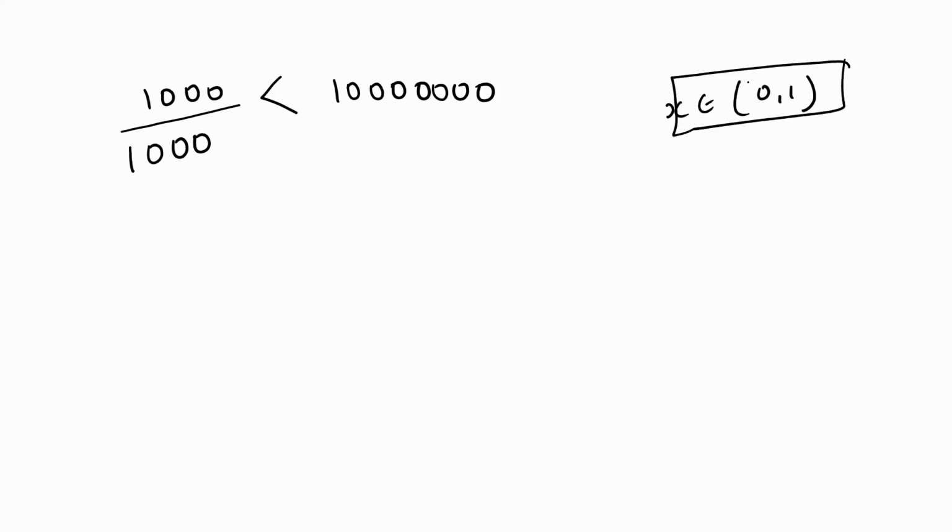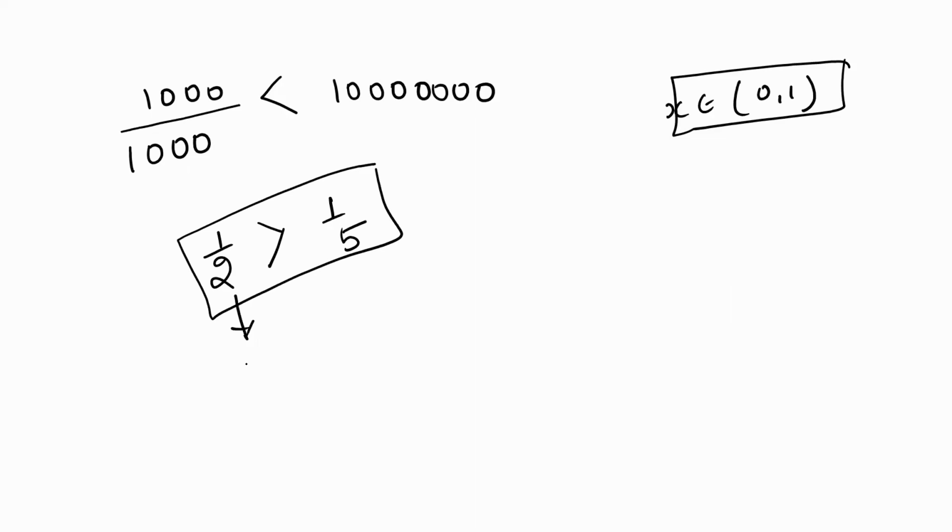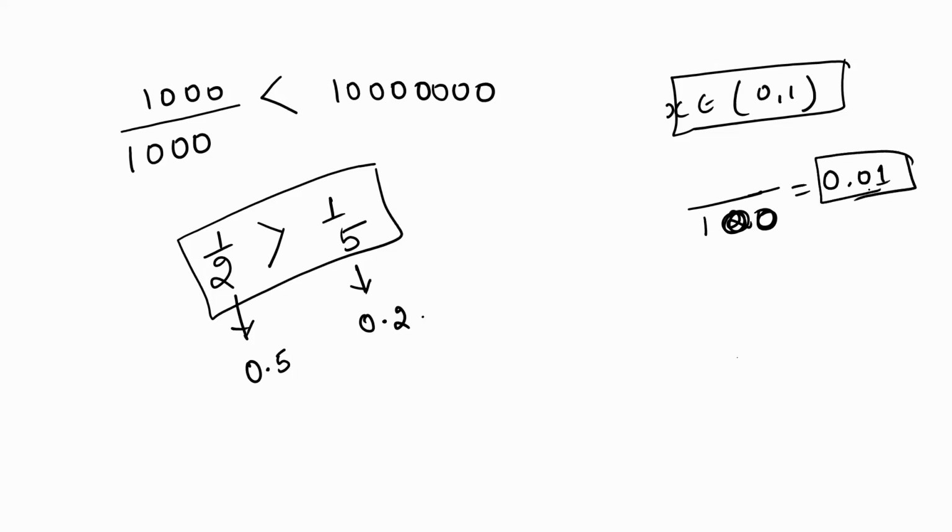See, 1 by 2, and here you are writing 1 by 5, so this value is greater: this is 0.5 and this is 0.2. Basically, when you are dividing by 100, it means you are multiplying by 0.01.